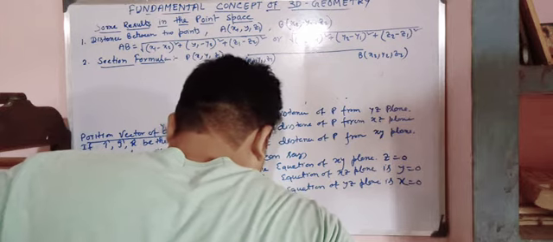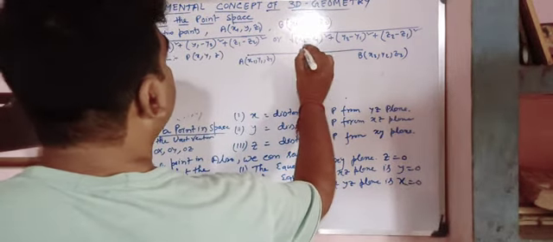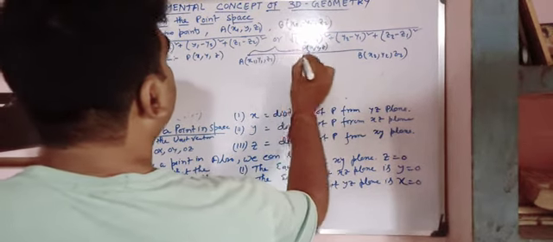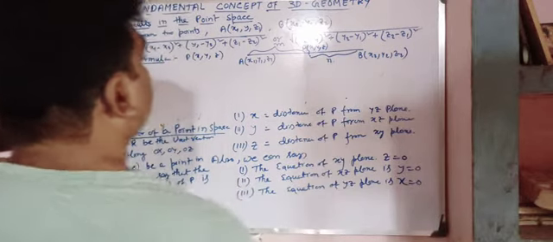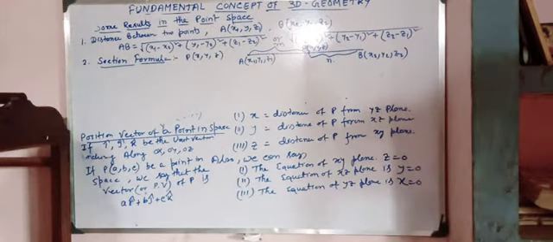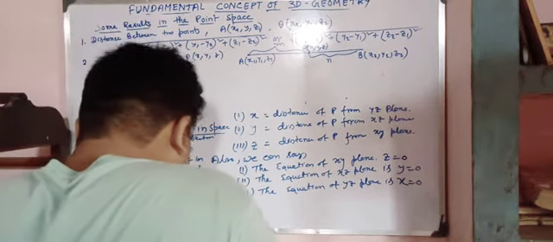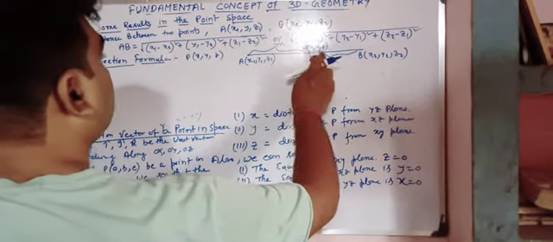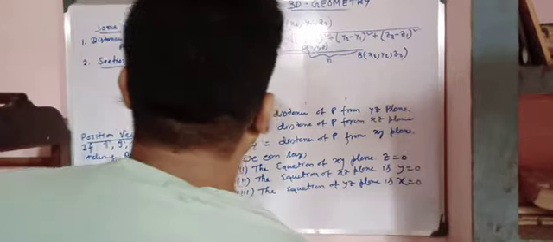Suppose we are taking P over here, P(x, y, z). So this is my m if it divides in the ratio m is to n. Suppose P(x, y, z) divides the points A and B in the ratio m is to n.